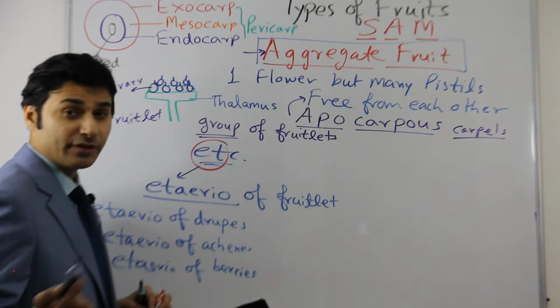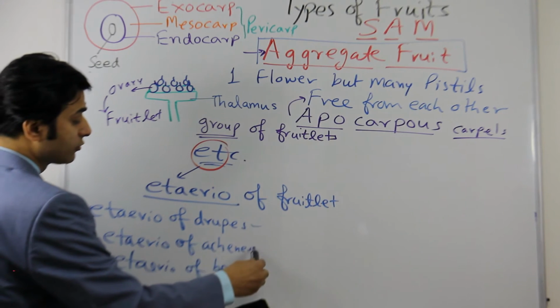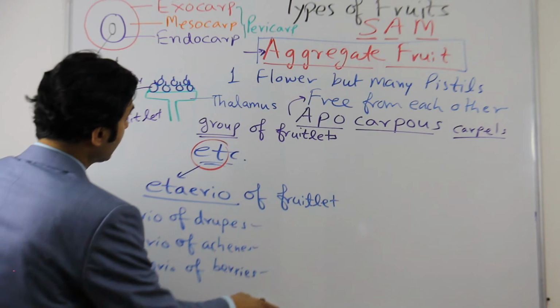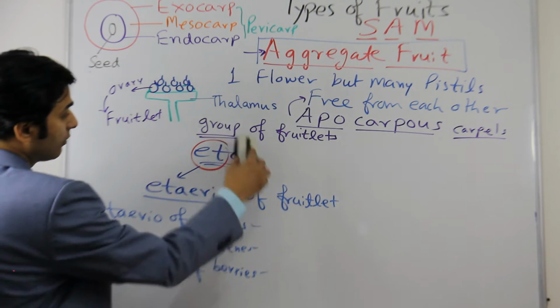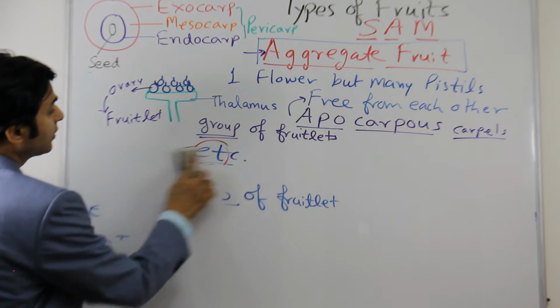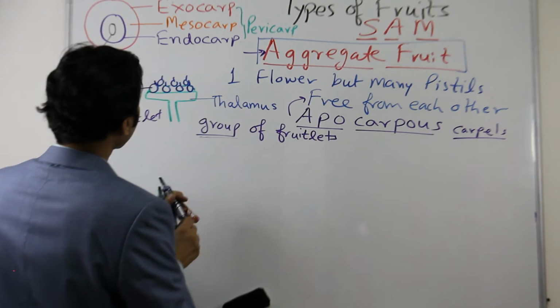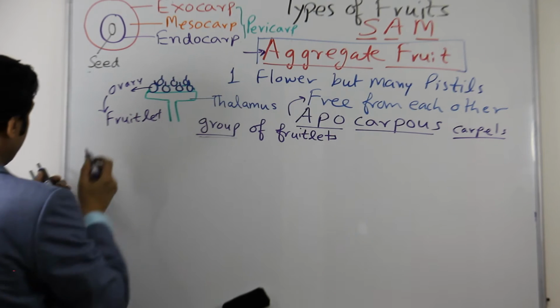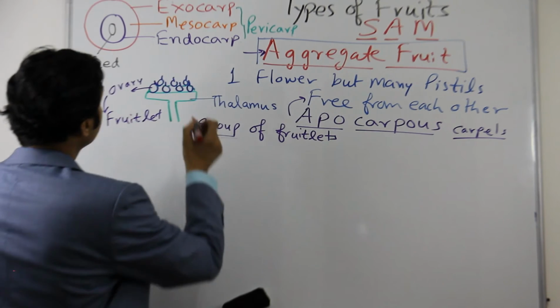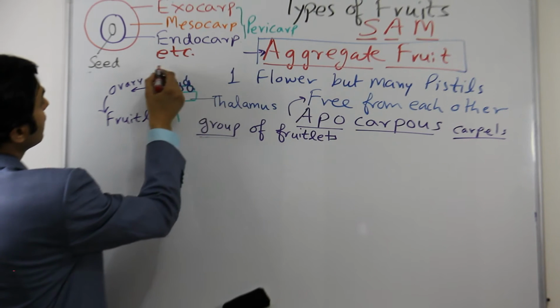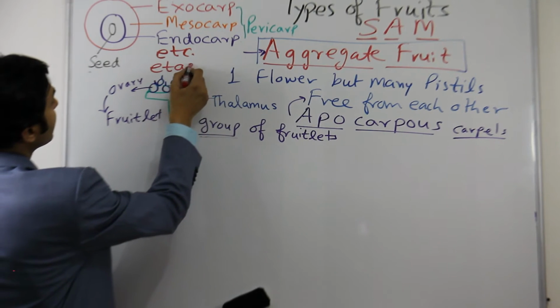As I said in our previous videos, we have already discussed what is drupe, what is achene, and what is a berry. Now I'll make the examples. I'll draw the diagrams here. As I said, for your reference, many, so this is etc. From etc you will take this Etaerio.